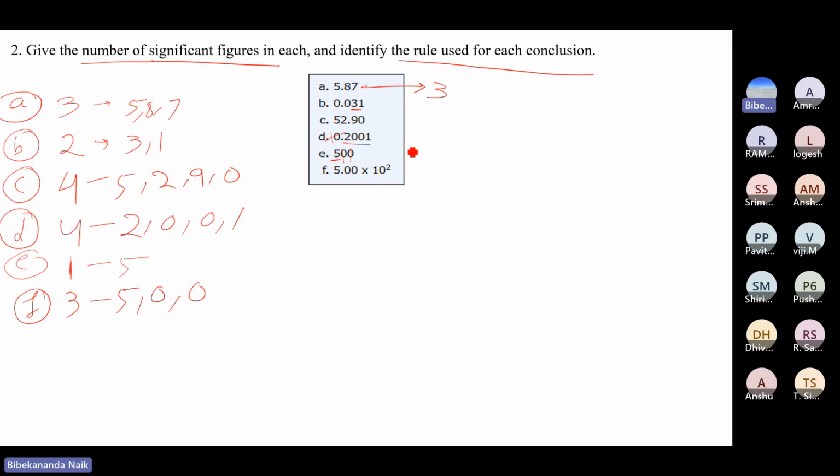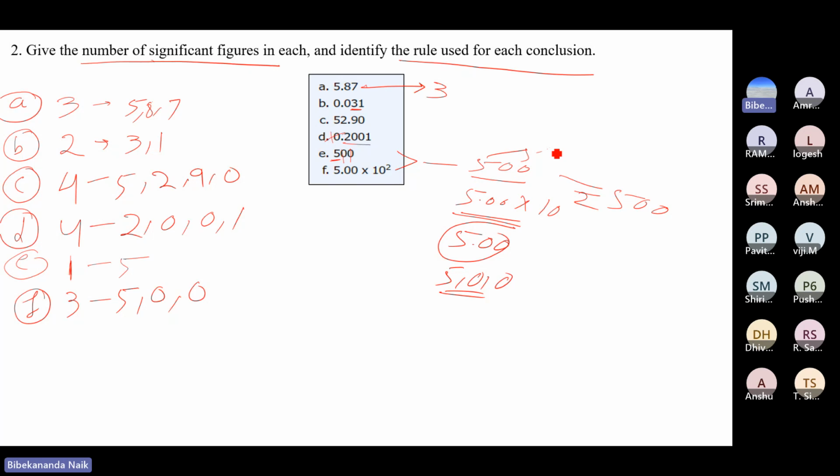If you see these two problems, E and F, here it is 500 and the next one is 5.00 times 10 to the power 2. Both are equal, both are 500. But since it is written in scientific format, it has all significance. That is, all three digits 5, 0, 0 are significant digits. But here only 5 is the significant digit.